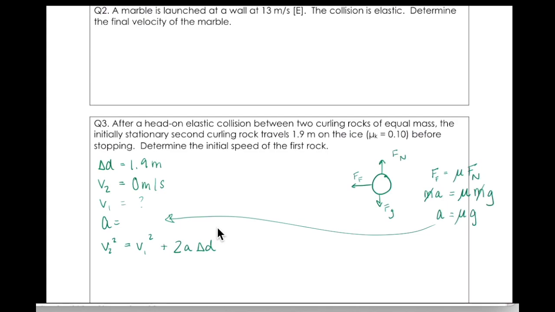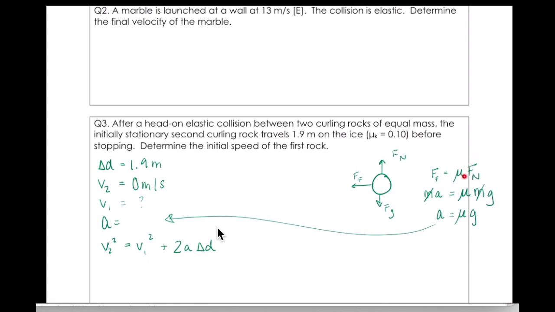What we need to do is use kinematics for this. If we have our curling rock here, the force of gravity is pulling down upon it and the normal force is pushing up on it. The rock is not falling through the ice, so they're equal but in opposite directions. Remember that the force of friction is equal to the coefficient of friction times the normal force.